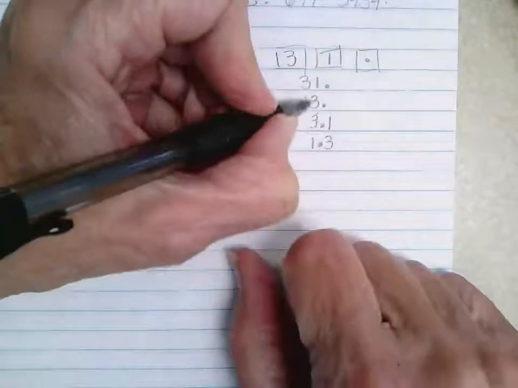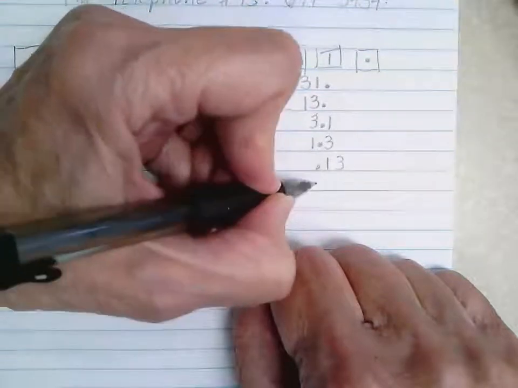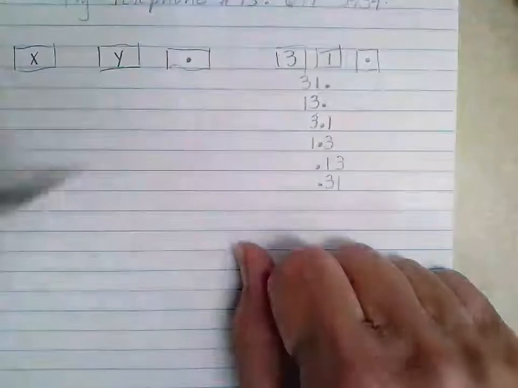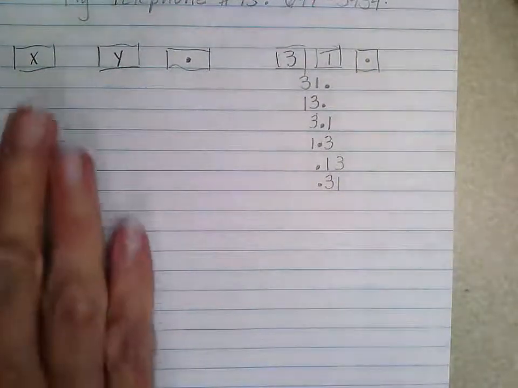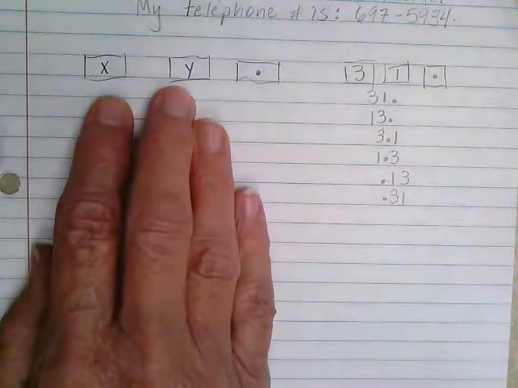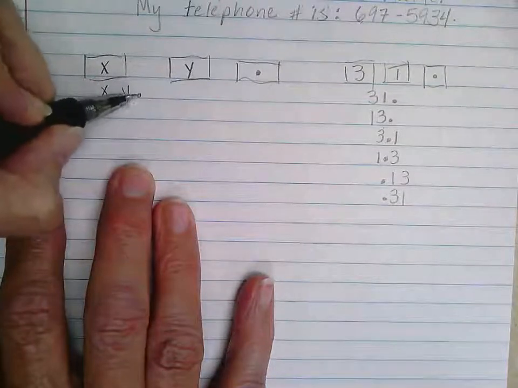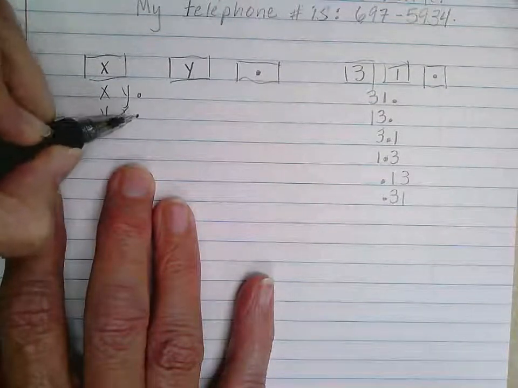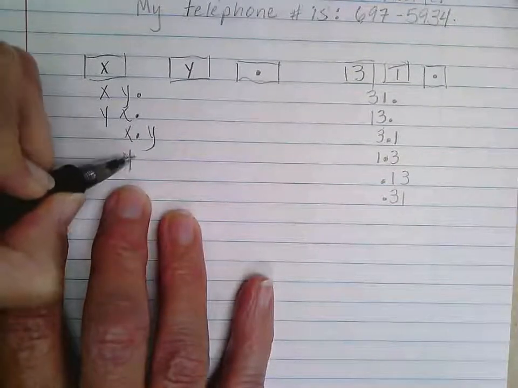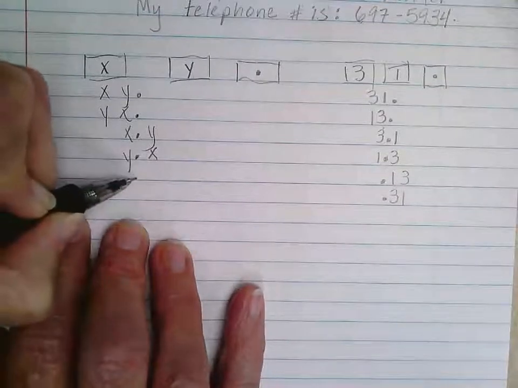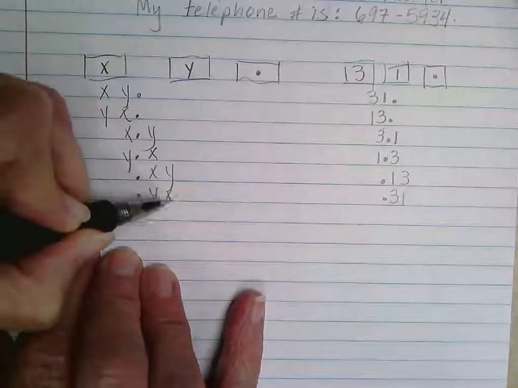And then again, I'm going to leave my decimal point there, but I'm going to write my 2 digits to the right of the decimal point. So we want to represent that over here with our X and our Y and our decimal point. So we have XY decimal point, YX decimal point, X decimal point Y, Y decimal point X, decimal point XY, and then decimal point YX.